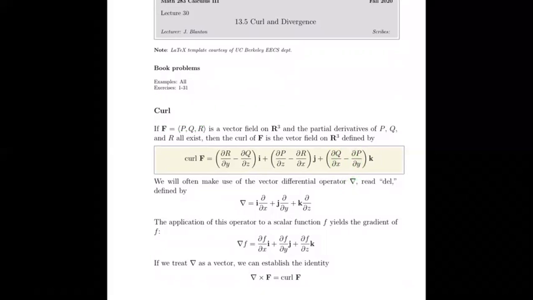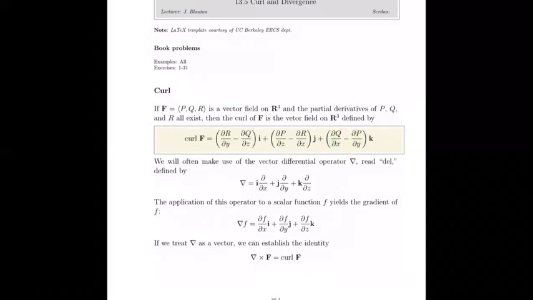We can define del to be this vector operator, which we have written here in standard basis components, but we can also see it as a vector: partial with respect to X, partial with respect to Y, partial with respect to Z. For even more concise notation, we can use the capital D notation, which cleans things up and keeps it simple to write down.